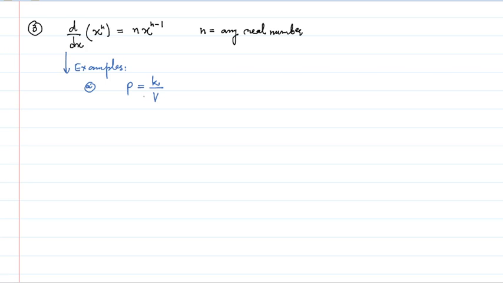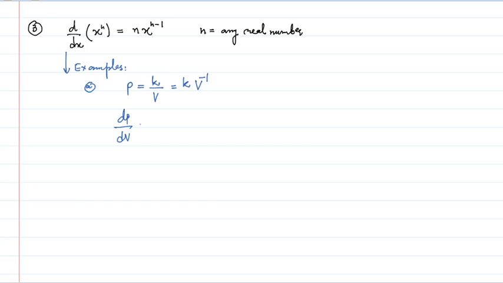So how do we differentiate this equation? We know a rule that to apply this formula, it should be in the form x raised power n. Suppose we have to differentiate it with respect to volume, that means dp upon dv. So we will write it in this form also, that means k v raised power minus 1. Now this is very simple.